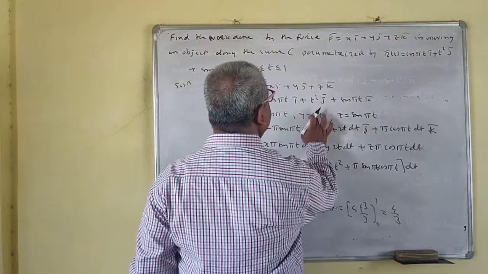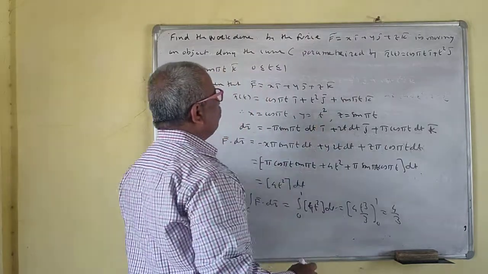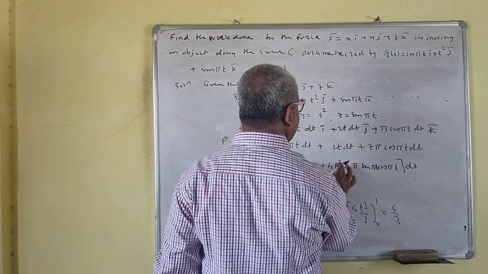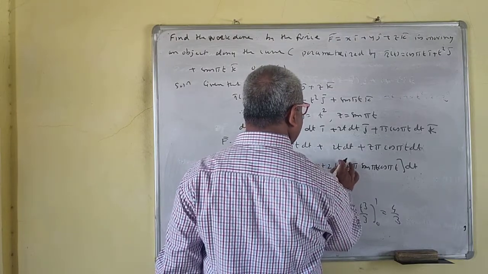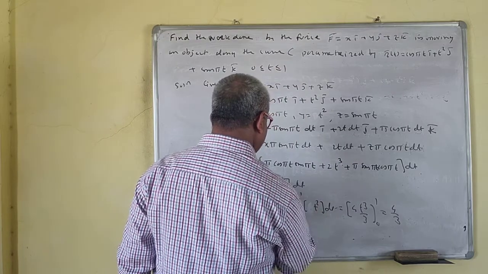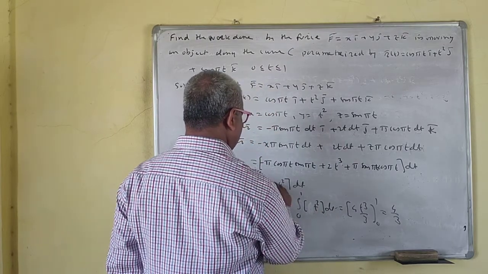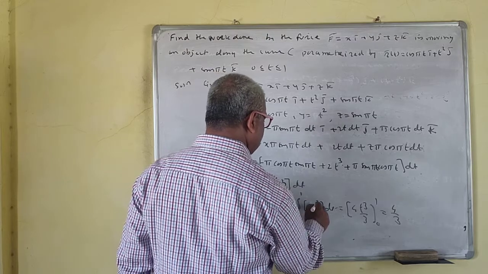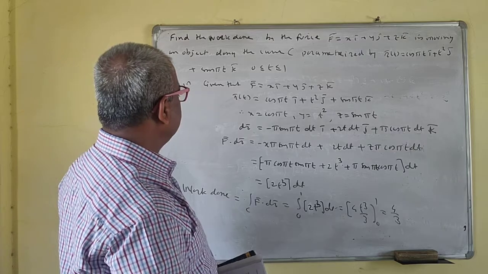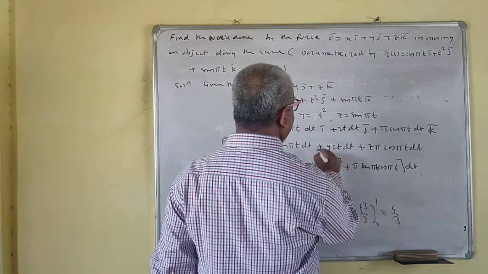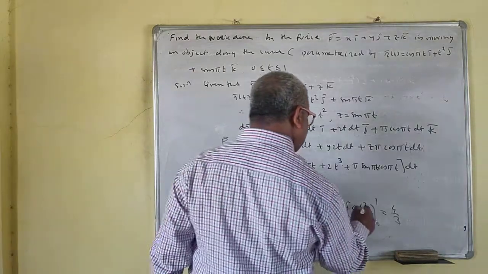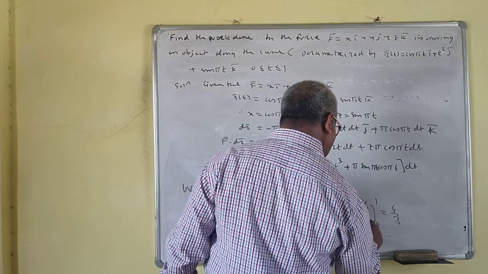No. Y is what? Y is t square, not 2t. Y is t square. So then this is t square, then this is 2t cube now. This is 2t cube. So y is your t square, and 2t cube, so this is 2t raised to 4 upon 4.